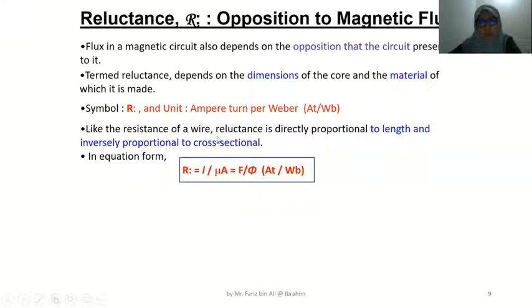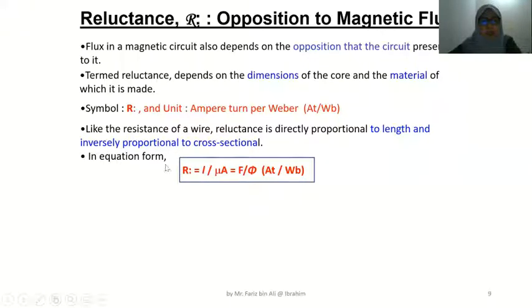Like the resistance of a wire. Previously, in circuit analysis, we had the resistance inside the wire. It is the same with these magnetic circuits: we have the reluctance, which opposes your magnetic flux. Like the resistance of a wire, reluctance is directly proportional to length and inversely proportional to the cross-sectional area.